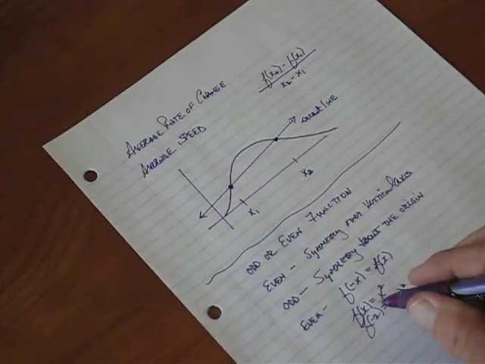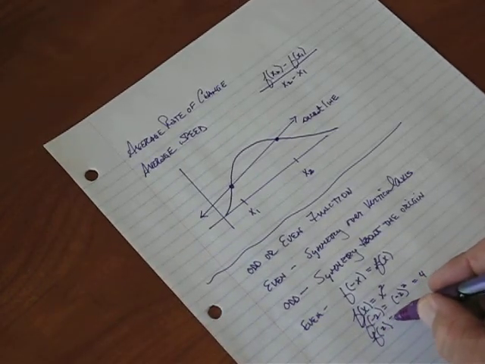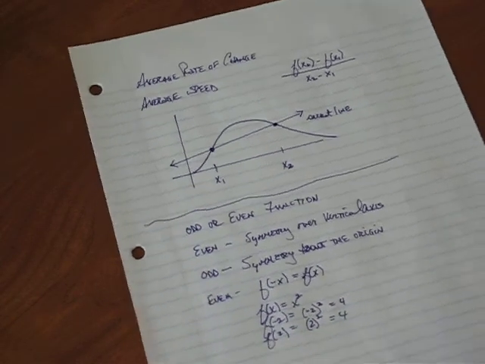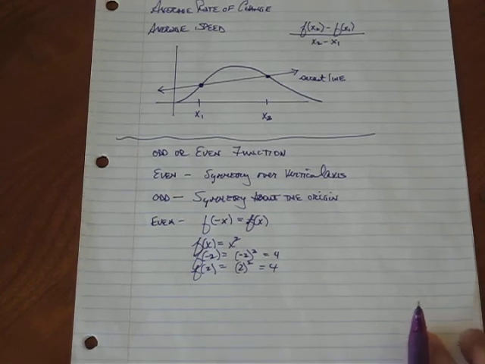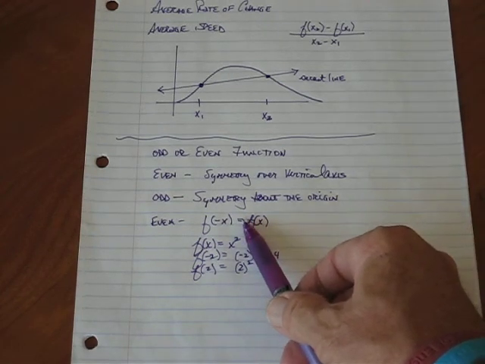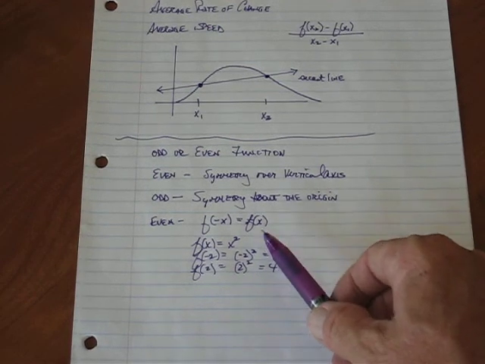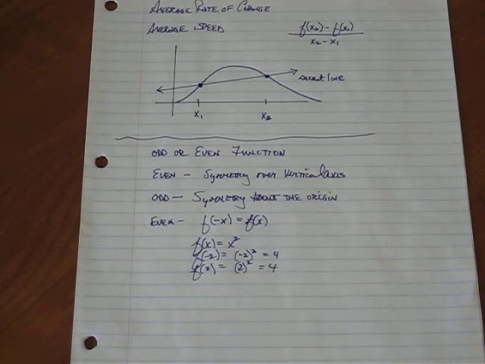But if I plug in positive 2, positive 2 squared is also 4. I get the exact same answer whether I plug in the negative of the number or the positive of the number. That's called an even function, and it has symmetry around the vertical axis.